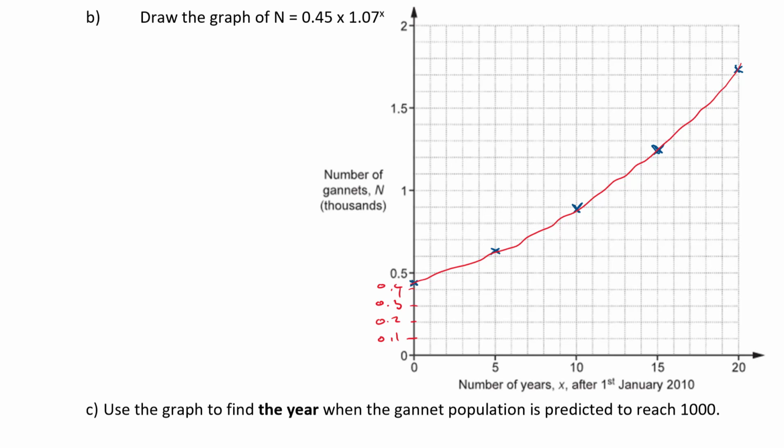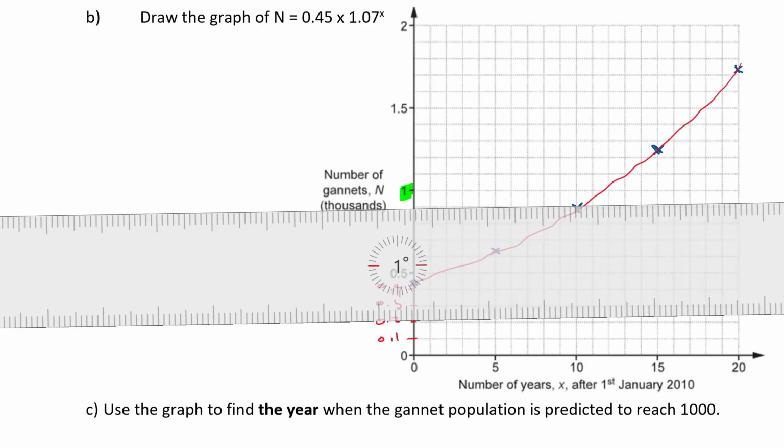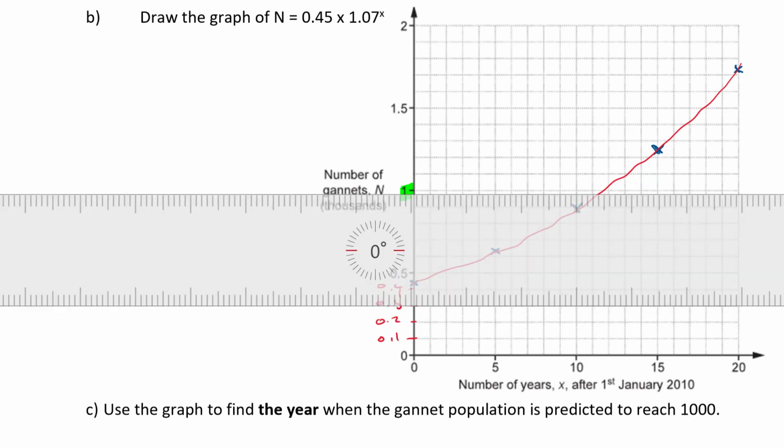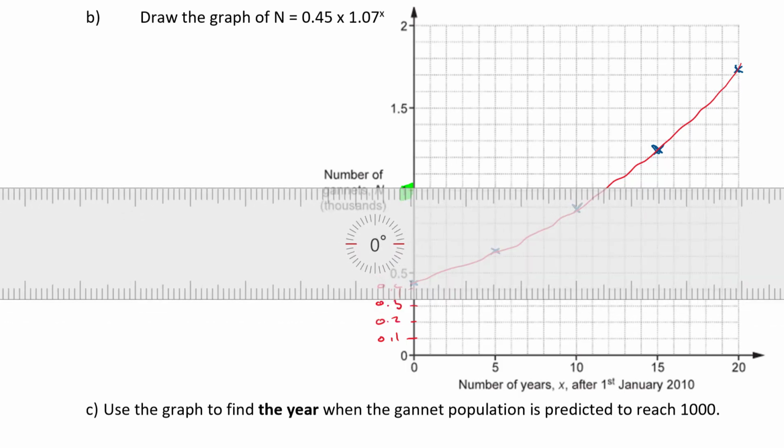Okay, and then finally it says use your graph to find the year when the gannet population is predicted to reach 1,000. Okay, so this scale n is in thousands, isn't it? So 1,000 is going to be here. Okay, so if I can then get my ruler out and read across from 1, or 1,000, until I hit my line.